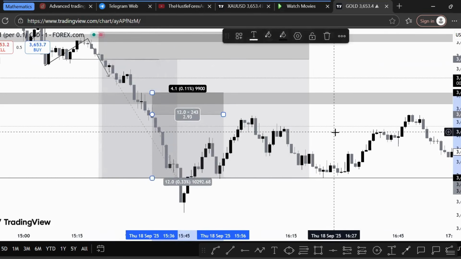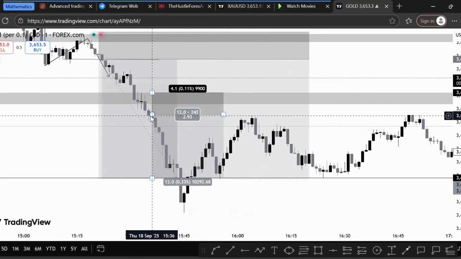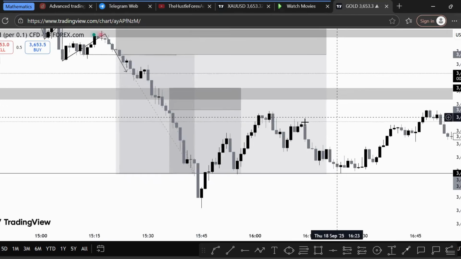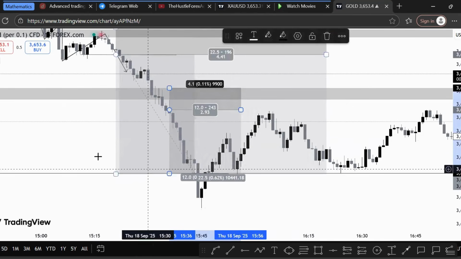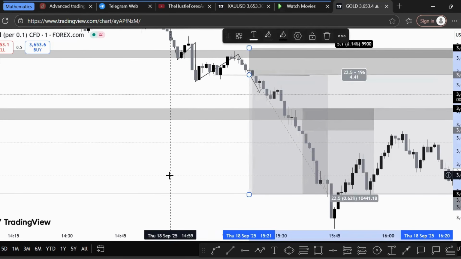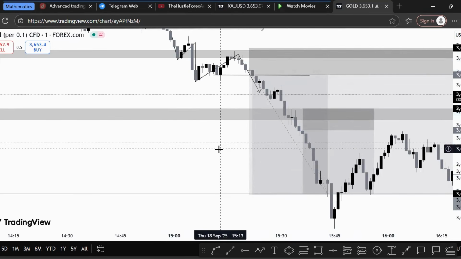An easy 1:3 trade. Now you have the 1:4 happening, plus this 1:3 happening.